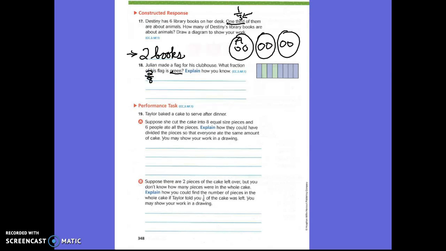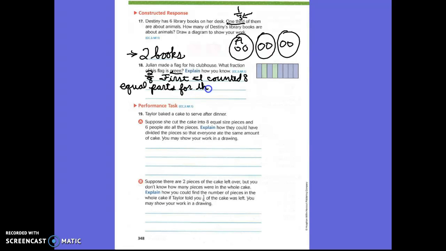Now how do we get that fraction? So we need to say first, what did we look at first, guys? Counted equal parts. We're going to say 8 equal parts. And what would that be? It's our denominator.